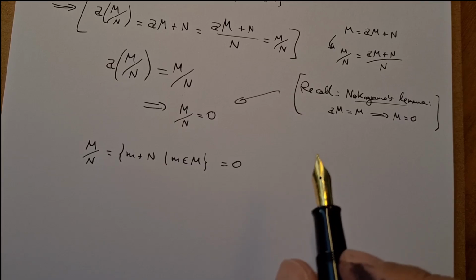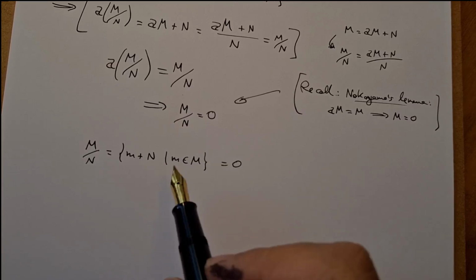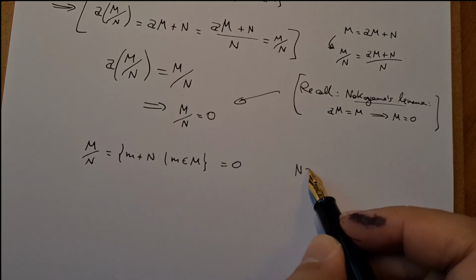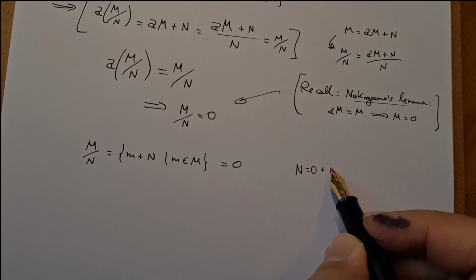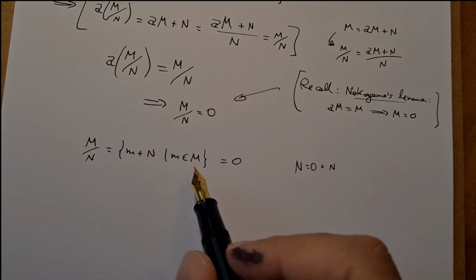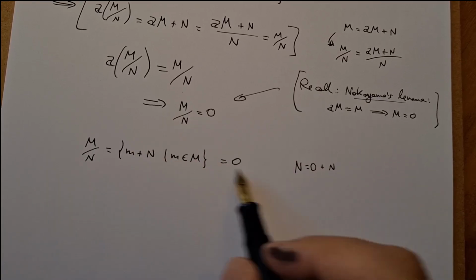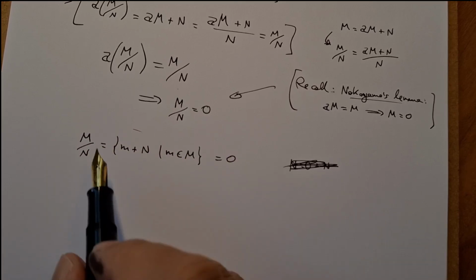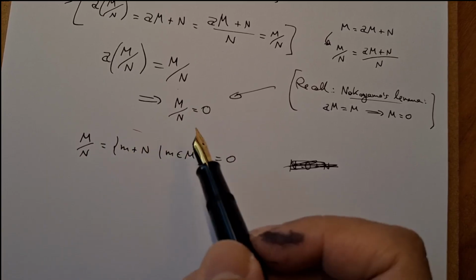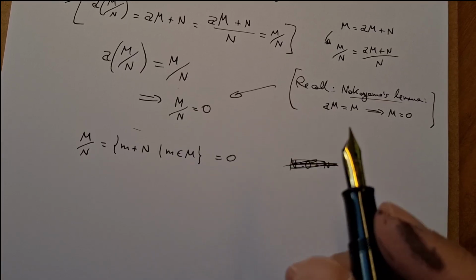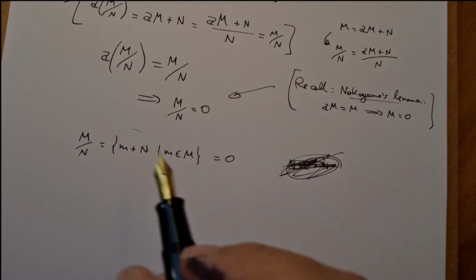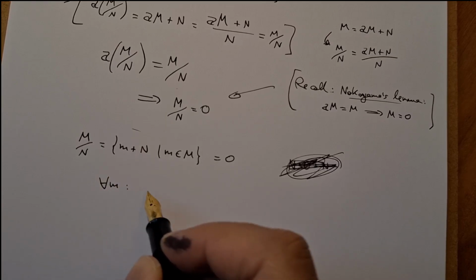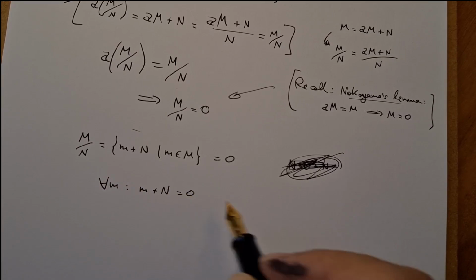So this means that the 0 element in M quotient N is the coset 0 plus N. Since this quotient is equal to 0, it can only have one element, which is the 0 coset of N. So for all m, we have that m plus N equals 0.